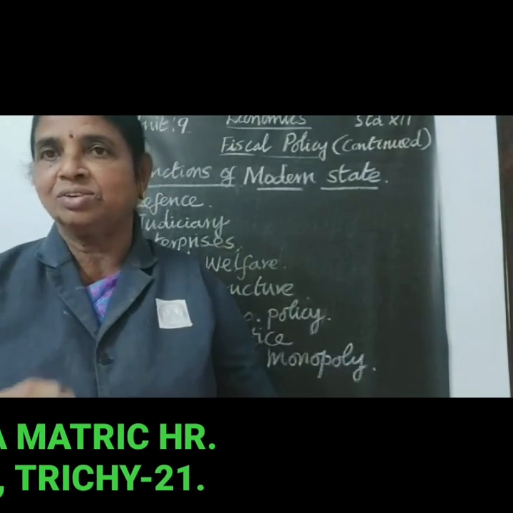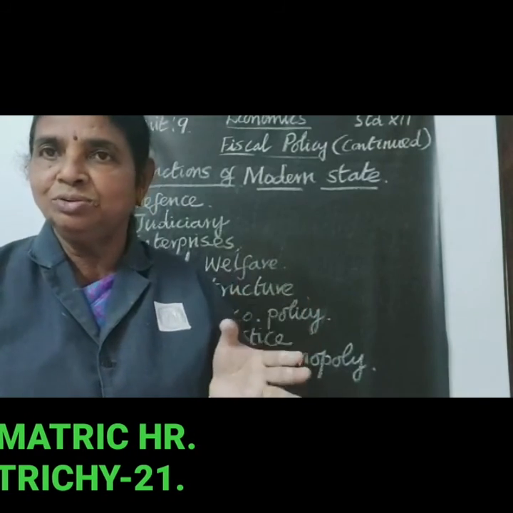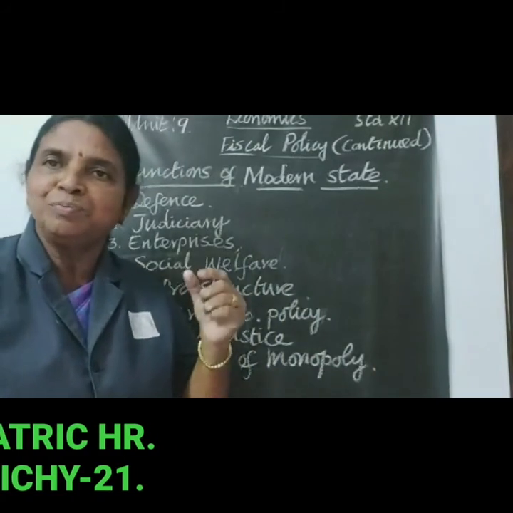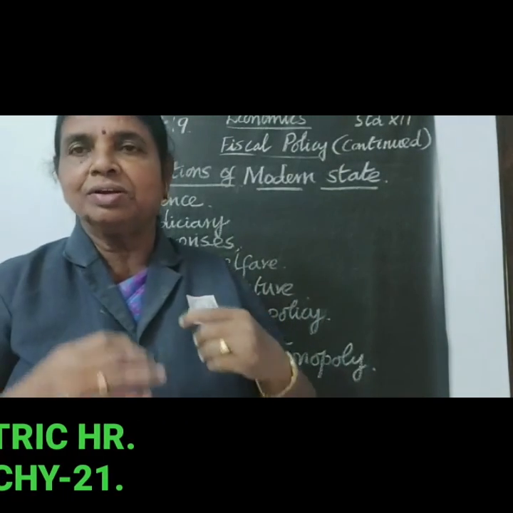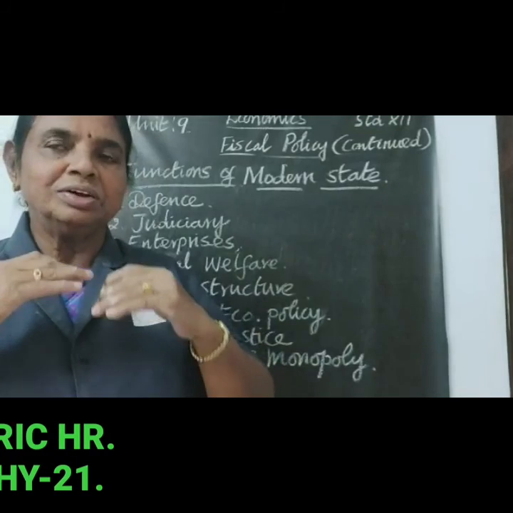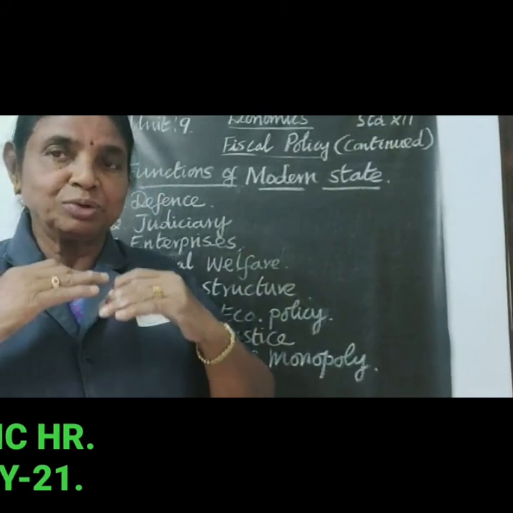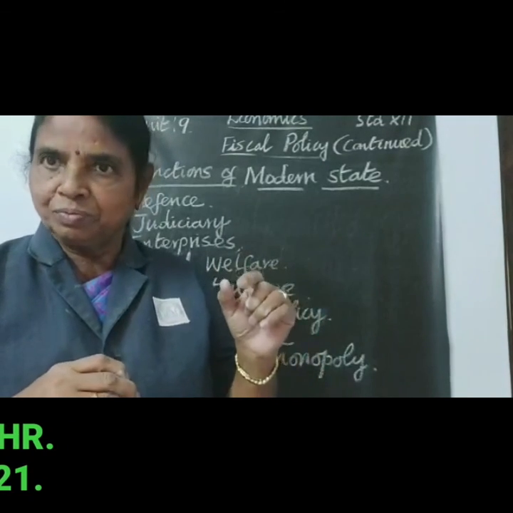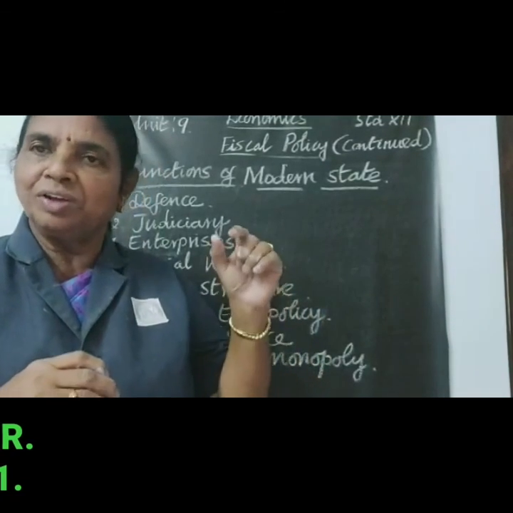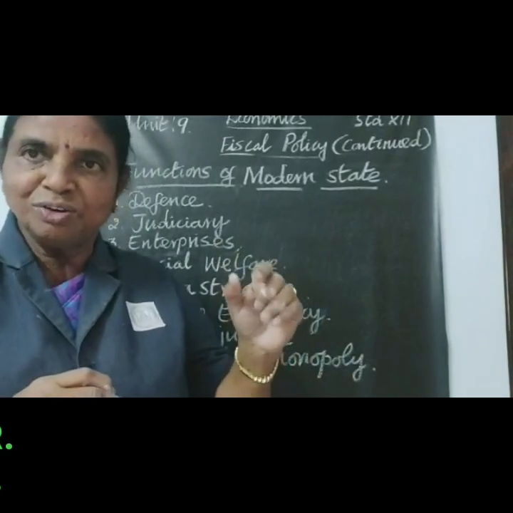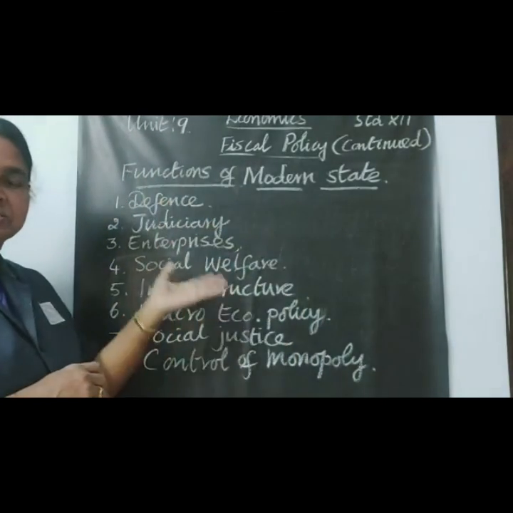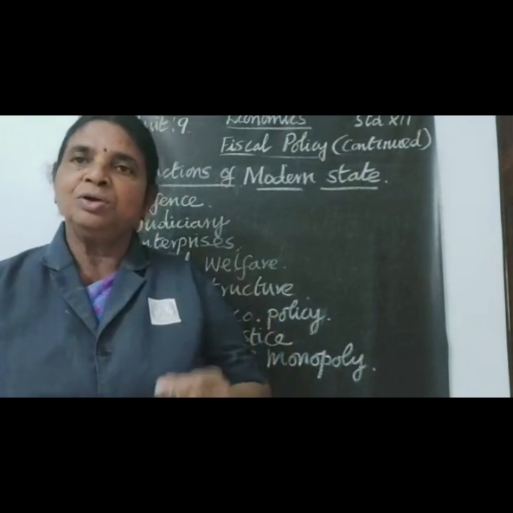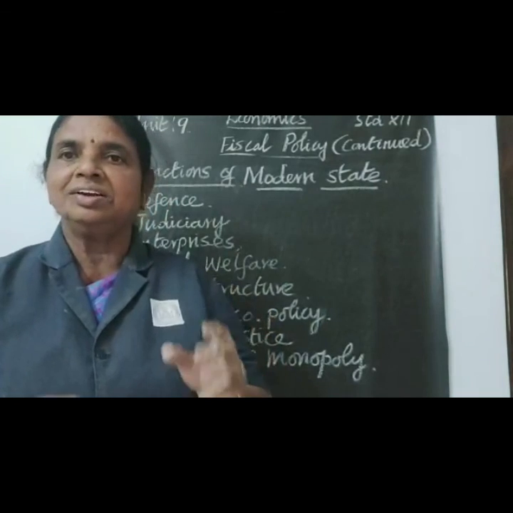And the government has to follow all these duties in a proper way and must function in a proper way to have a better government or better economic development in its country. If a modern state, if a government follows all these functions in a proper way, it will be the best modern state in the world.